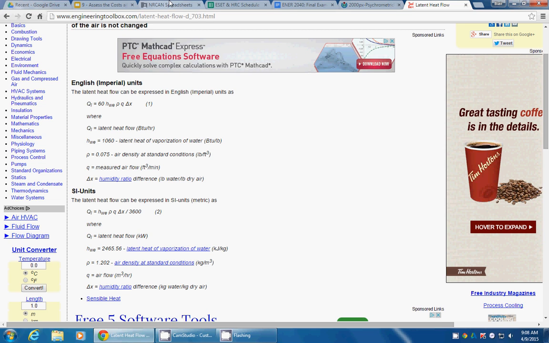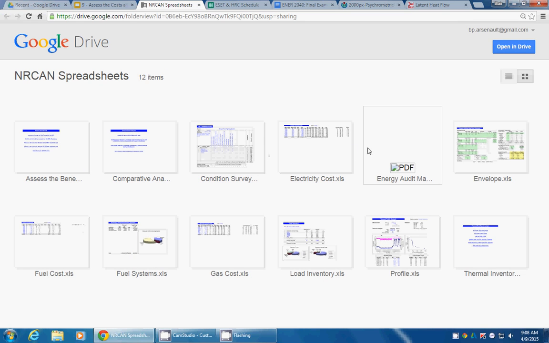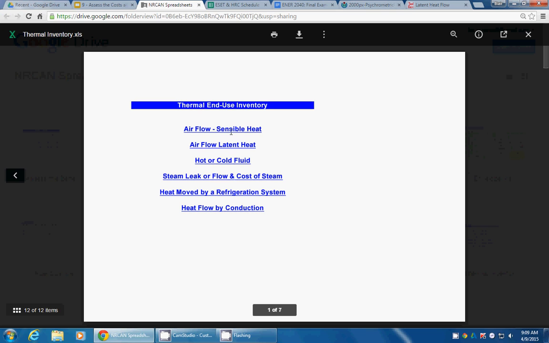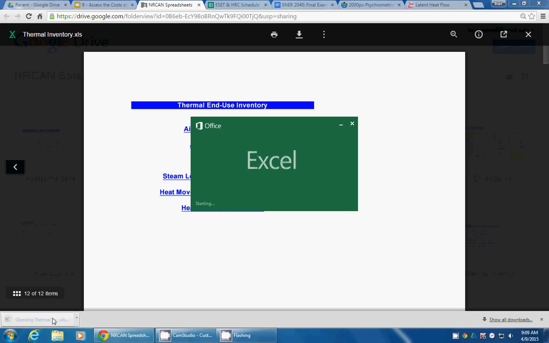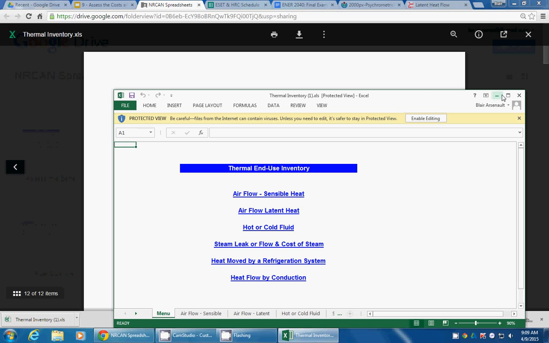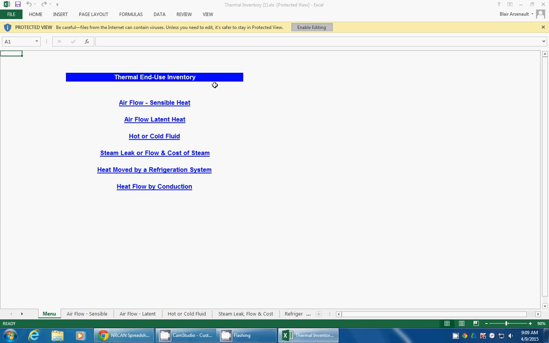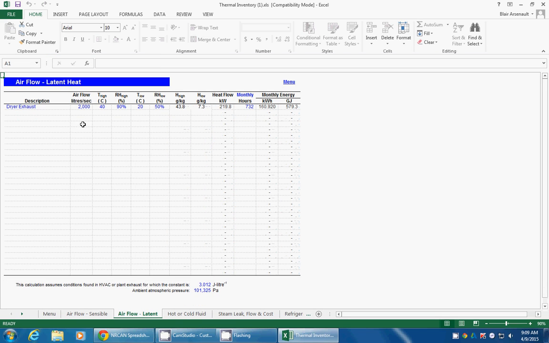Which, if we go back to yesterday in those spreadsheets, that was thermal inventory, and we have our latent heat tab, and it's asking us for temperature high, relative humidity high, and T low and relative humidity low.